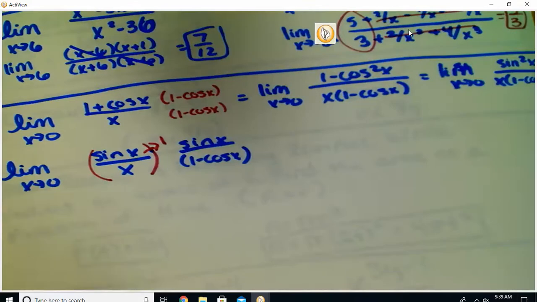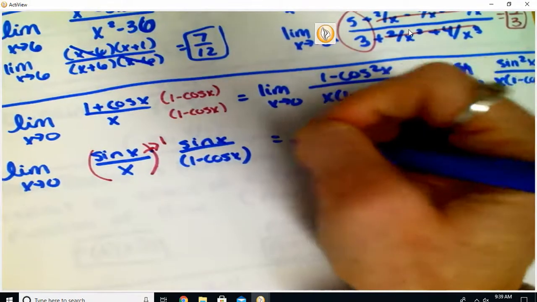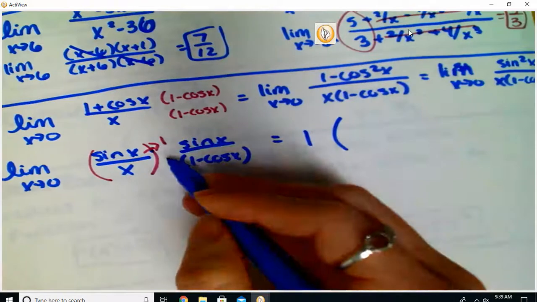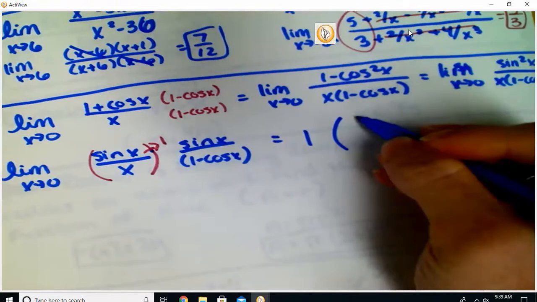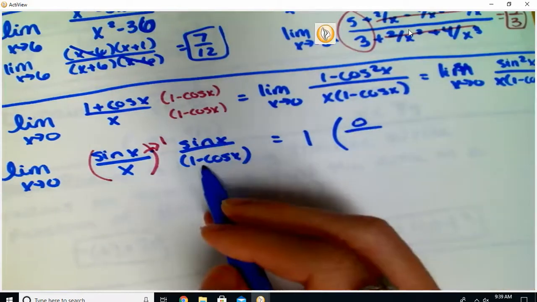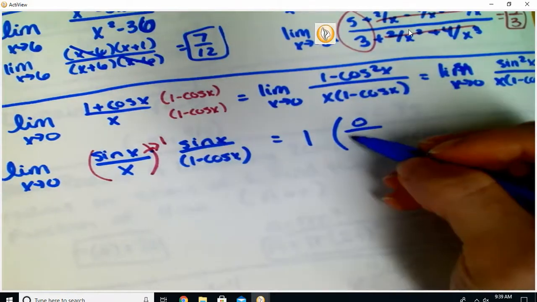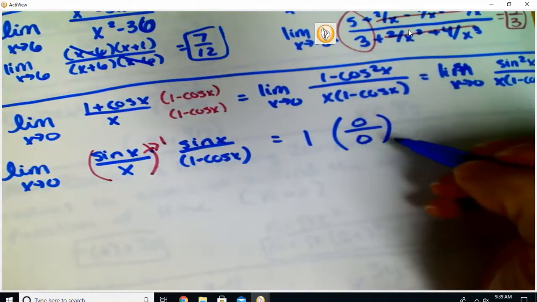Now we can reason through this a little more. So we get a 1 times sine of 0 is 0 over, I shouldn't have made up this problem. We get 1 minus cosine of 0. Cosine of 0 is 1. So 1 minus 1 is still giving us a 0, isn't it?